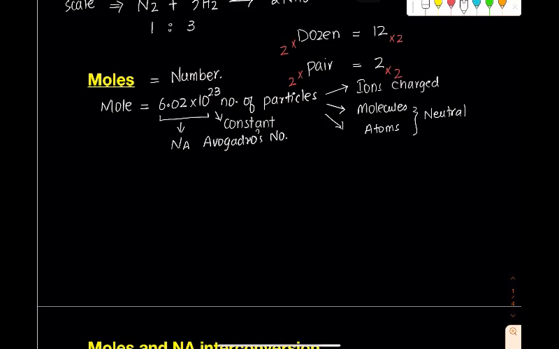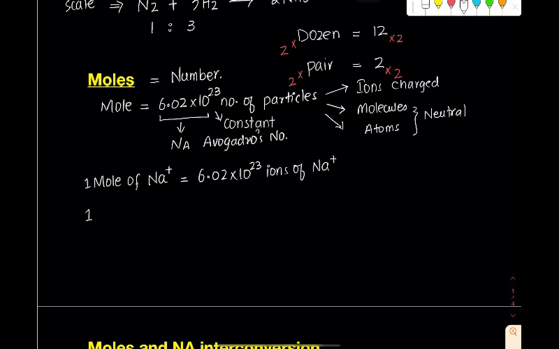So if I have 1 mole of sodium ion, this should be equivalent to 6.02 times 10 to the power 23 ions of sodium, 1 positive ion.